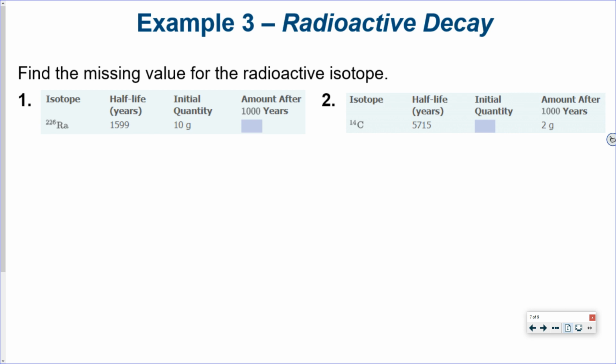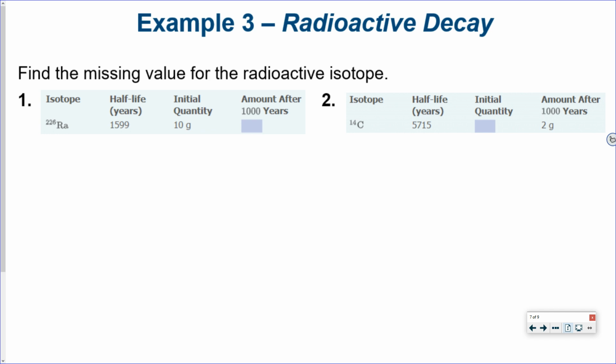Don't worry too much. This is just telling you what type of isotope it is, and those have to do with the number of protons and neutrons and all that good stuff. But we only have to worry about the math part of this, the exponential model. The half-life is basically the time it takes for the amount to cut in half.